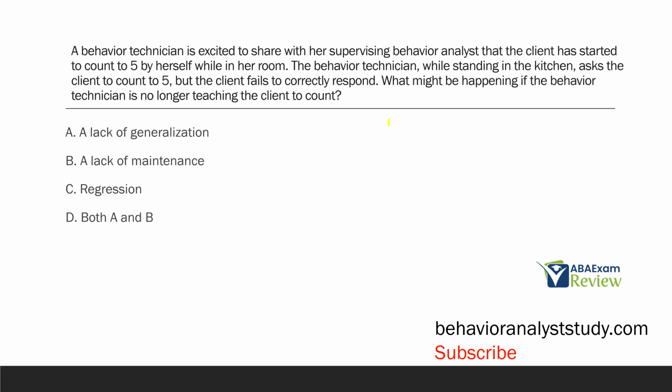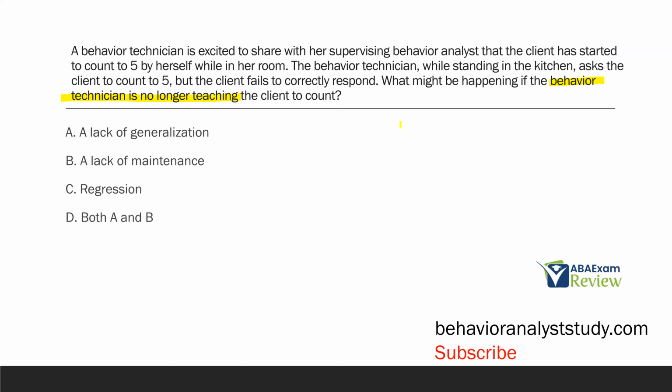A behavior technician is excited to share with her supervising behavior analyst that the client has started to count to 5 by herself while in her room. The behavior technician, while standing in the kitchen, asks the client to count to 5, but the client fails to correctly respond. What might be happening if the behavior technician is no longer teaching the client to count? First hint here is the behavior technician is no longer teaching.